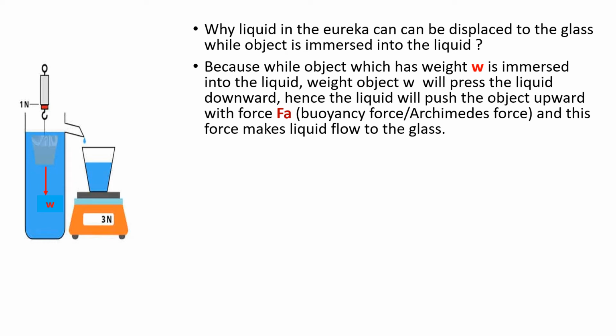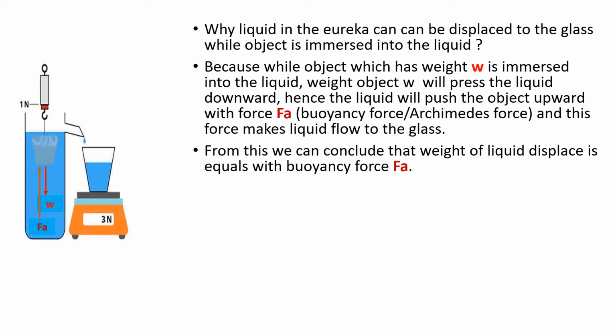The liquid in the eureka can is displaced to the glass while the object is immersed into the liquid. Because while the object which has weight W is immersed into the liquid, the weight W will press the liquid downward. Hence, the liquid will push the object upward with force Fa. Fa is the buoyancy force or Archimedes force, and this force makes fluid flow to the glass.